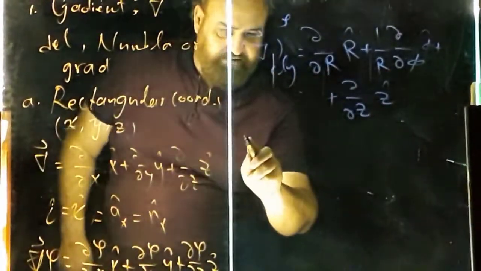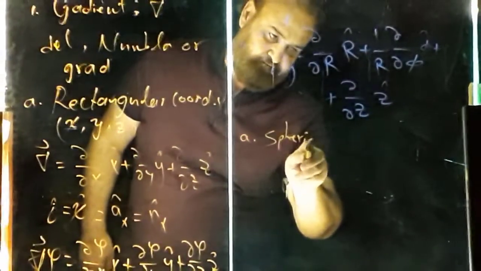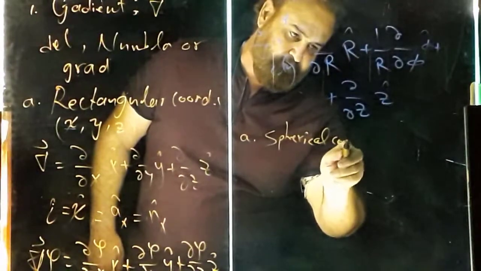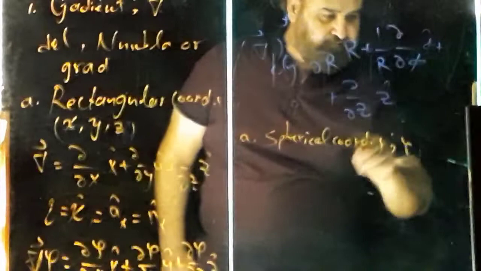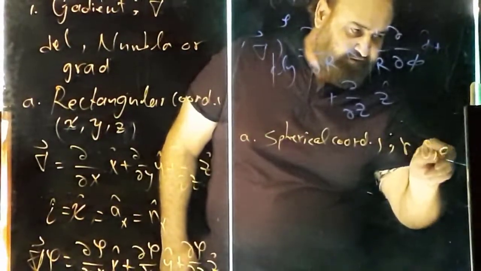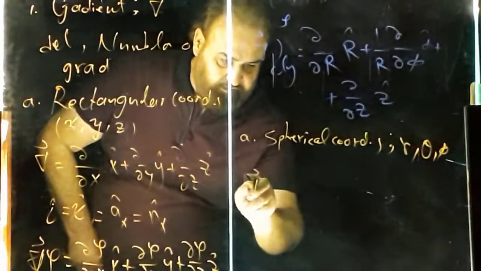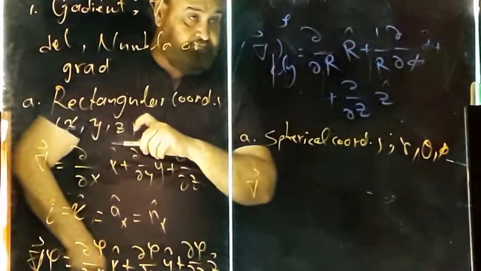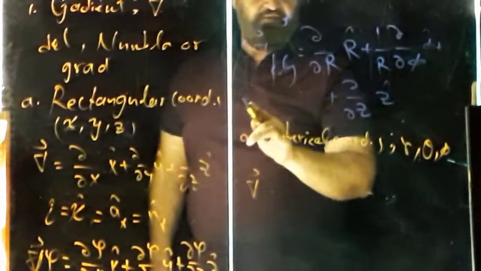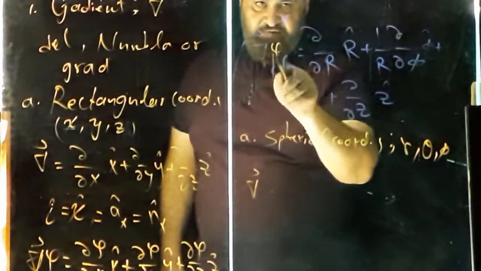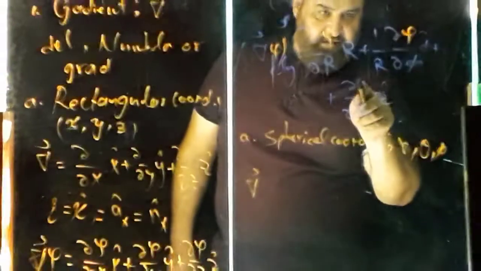In spherical coordinates, which is r, theta, and phi, the del or the gradient we can apply to a scalar field like phi.